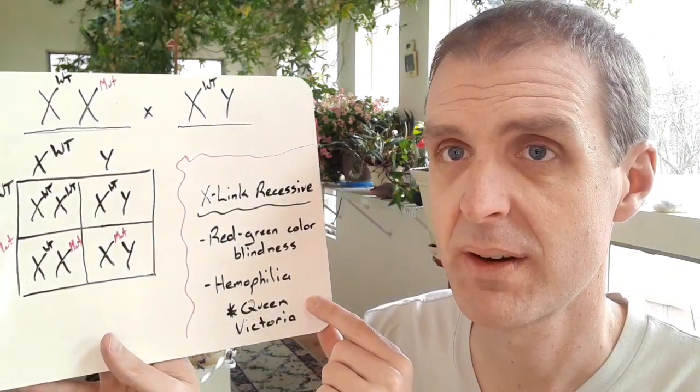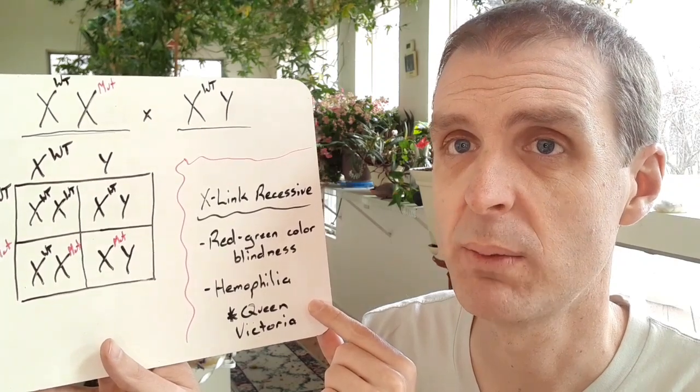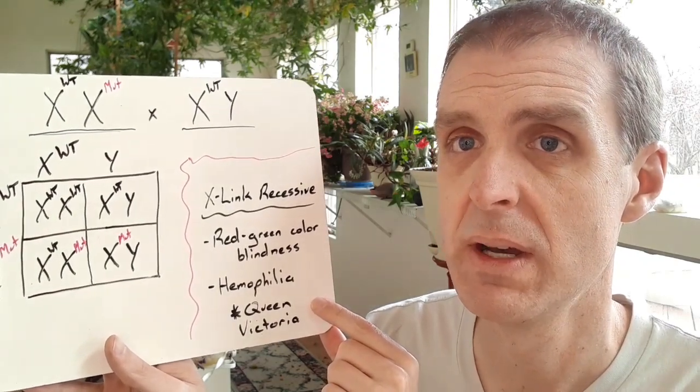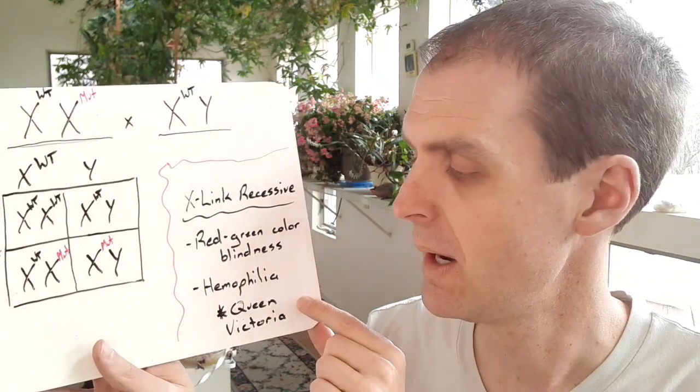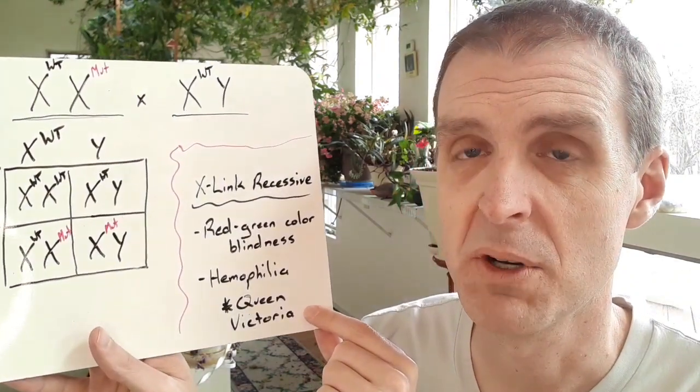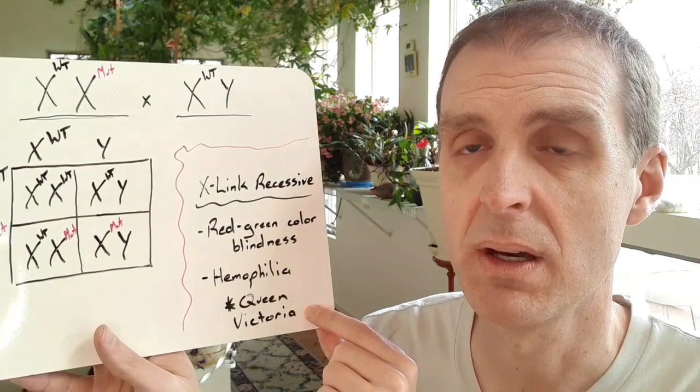Then the other example that people give pretty often when they're talking about X-linked recessive is hemophilia. Of course, that almost always brings up the topic of Queen Victoria. So Queen Victoria was Queen of England in the, I think, mid-1800s or so. And so it was her grandchildren or great-grandchildren that were in charge of a bunch of the countries in the world around the time that World War I rolled along.